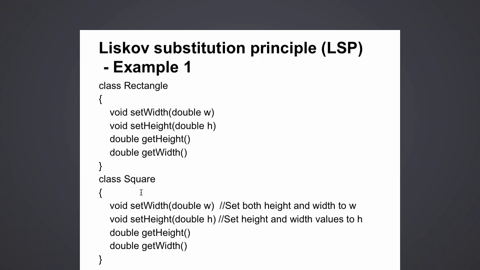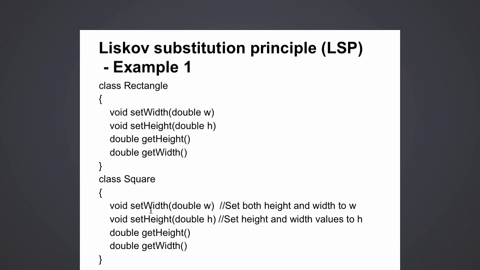So here, for example, I have a class rectangle, with set width and set height, and I'm using that to define a class square. So I'm doing a class square extends rectangle, and I'm reusing the width and height. So when I extend rectangle, I get the width and height.